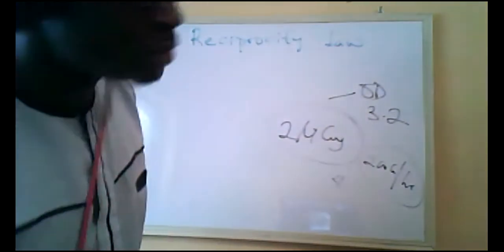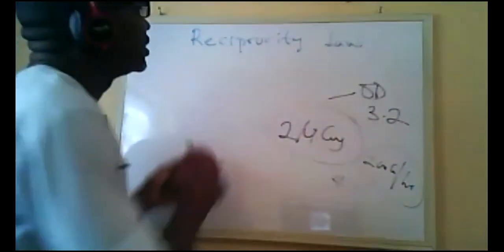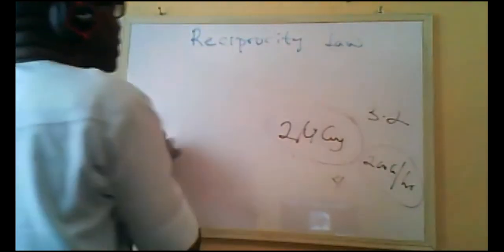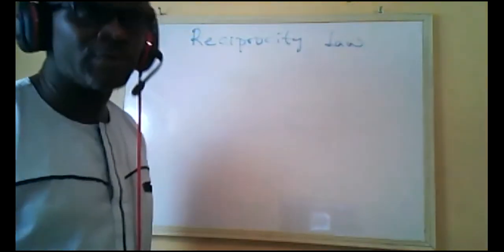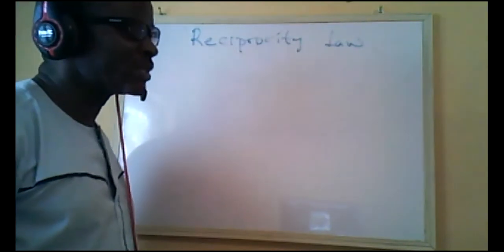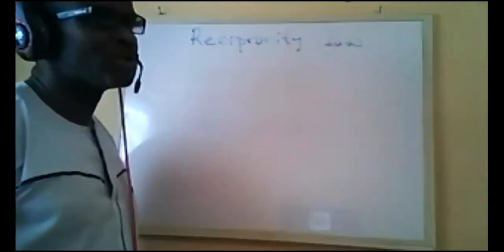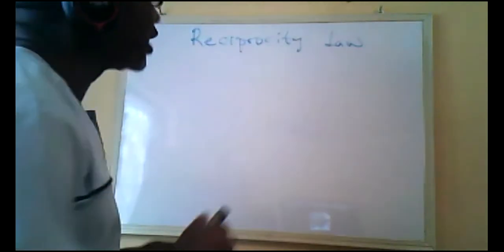So that brings us to reciprocity law failure. The law states that no matter the exposure rate, we should have the same optical density for the same exposure.